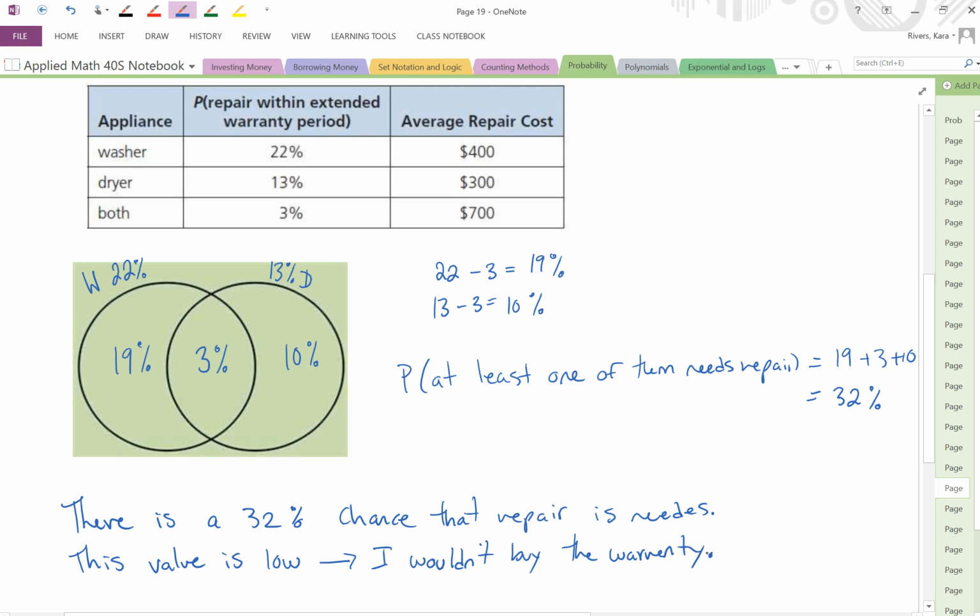A lot of people have different opinions on extended warranties and warranties anyways, but what we're talking about here is based on the results and the research that was made.